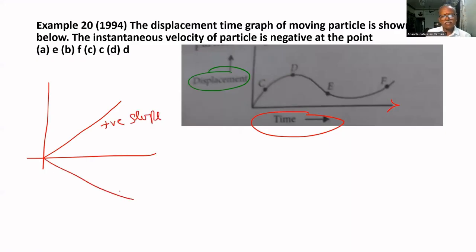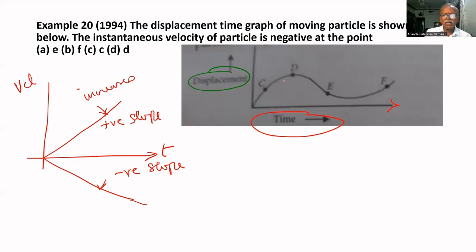If the slope is like this, then it is called a negative slope. Here, as time increases, velocity increases. Here, as time increases, velocity decreases. Slope is negative.